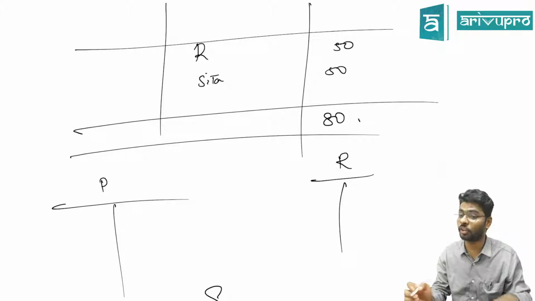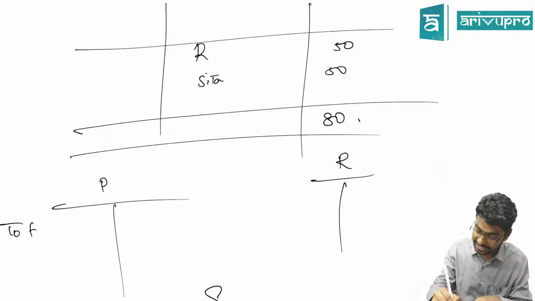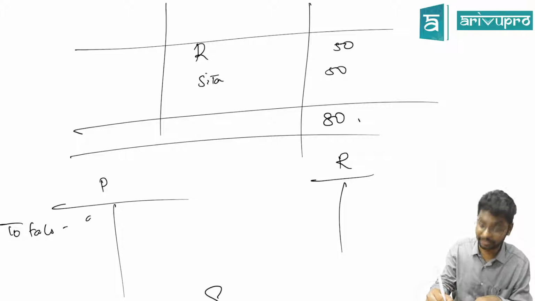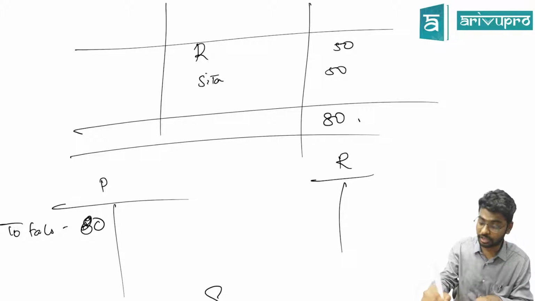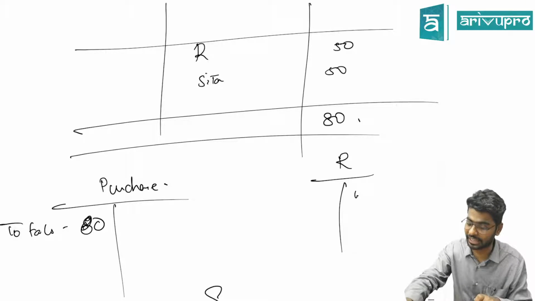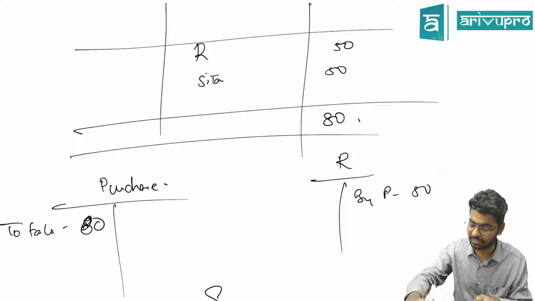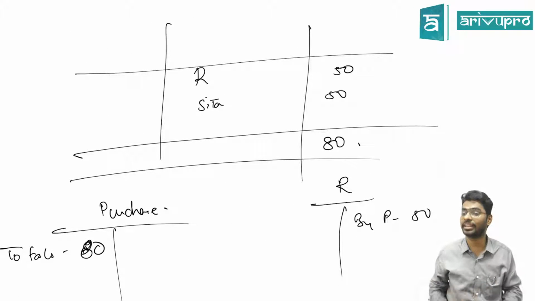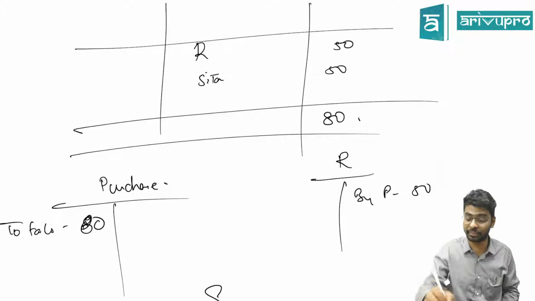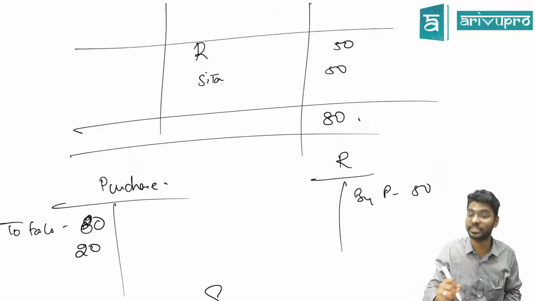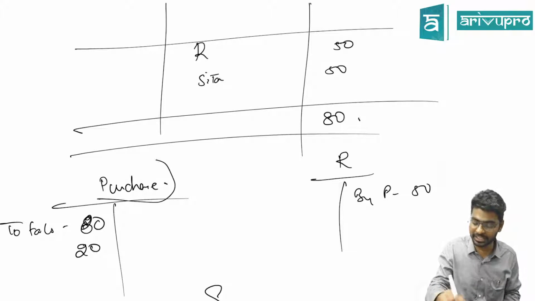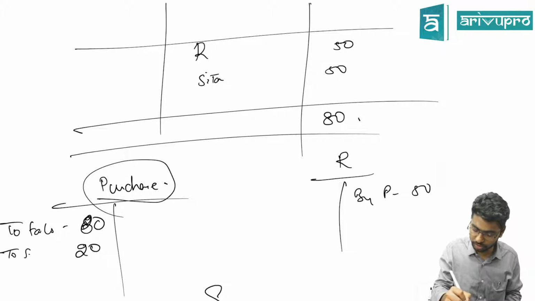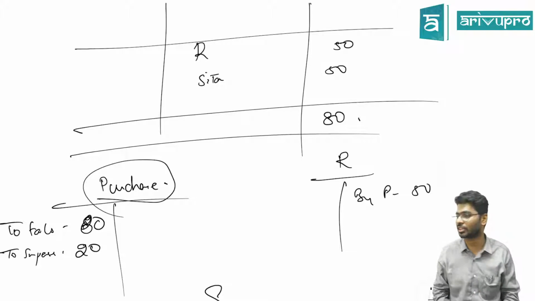In the purchase book, I write the total 80. In Ram's book, I write by purchases 50. In Sita's book, I write by purchases. Where is the error? Purchase account should be further debited by 20 rupees. So the journal entry should be: purchase account debited to suspense account.